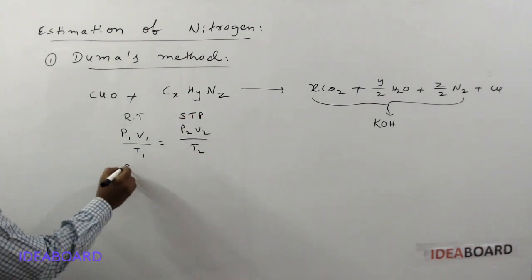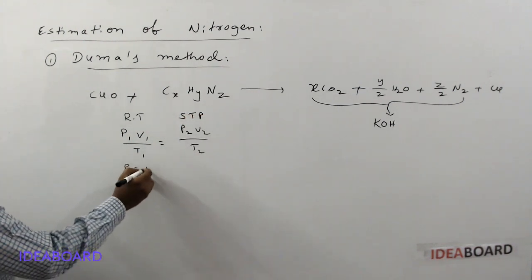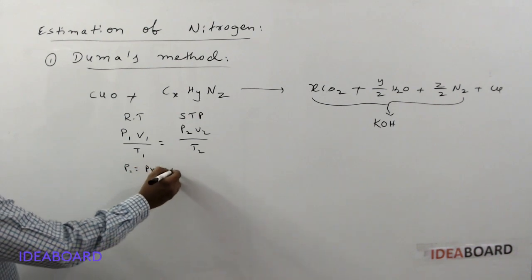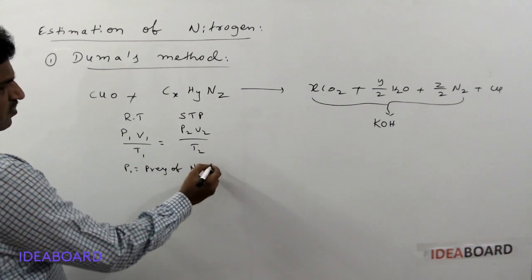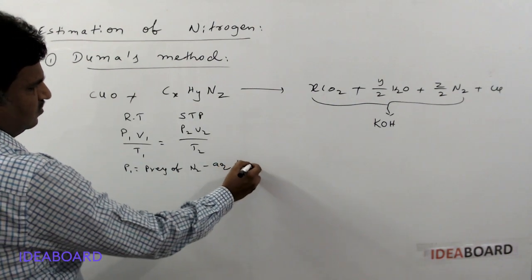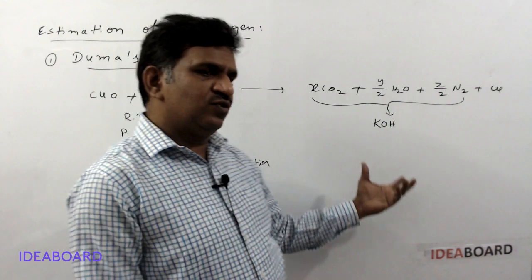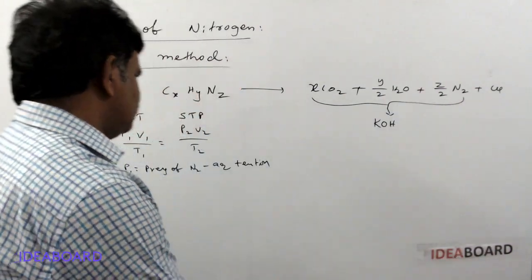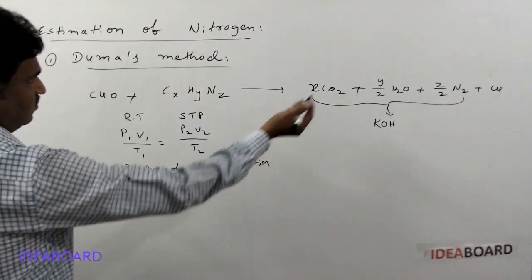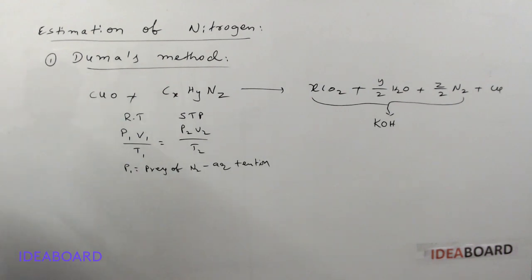Here P1 is the pressure of nitrogen gas, that is, the pressure of nitrogen minus aqueous tension, because we are measuring the nitrogen gas which is collected over KOH solution. Aqueous tension is subtracted because some water vapor is also present.